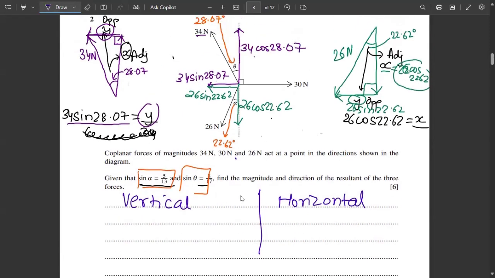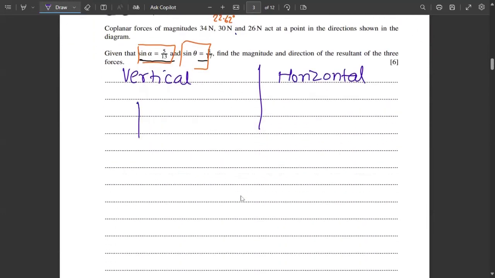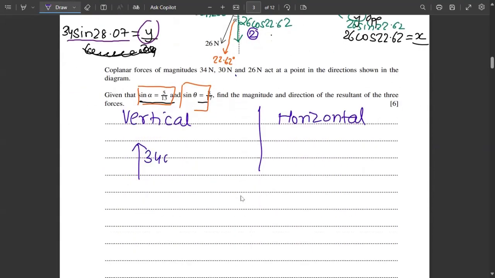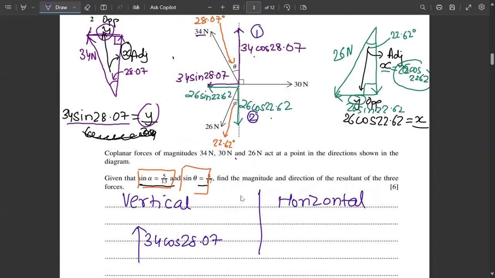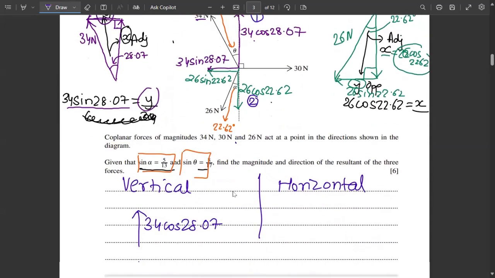So this 1 and 2 are vertical forces. The force acting upwards is 34 cos 28.07. And the force acting downwards is 26 cos 22.62.